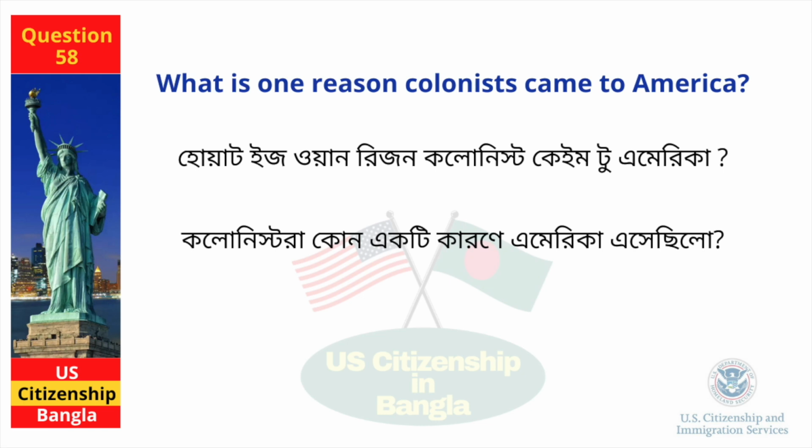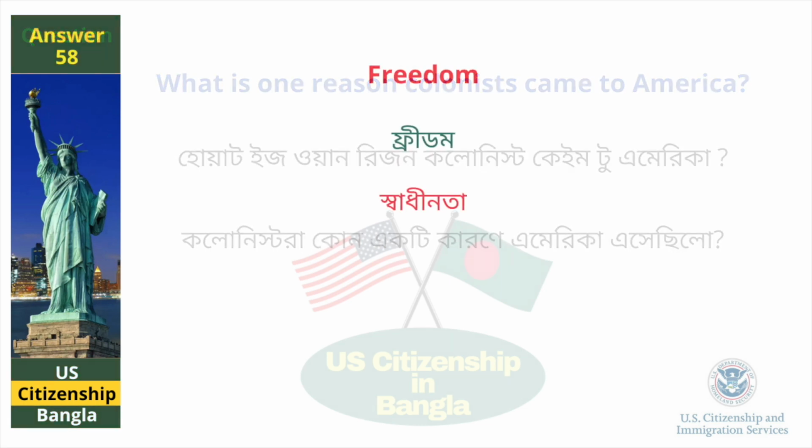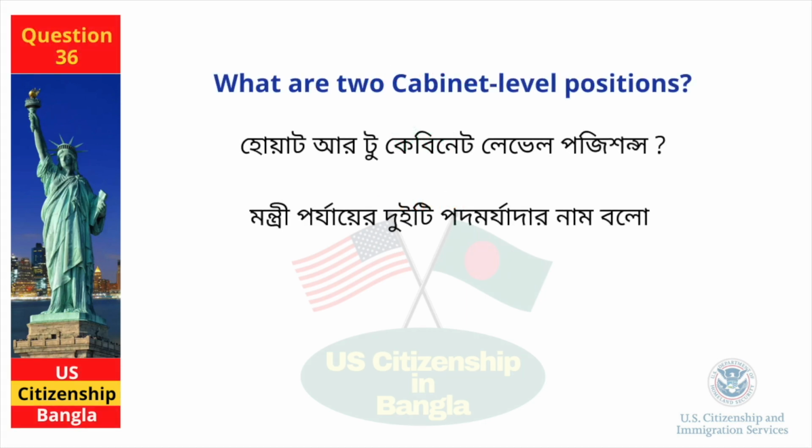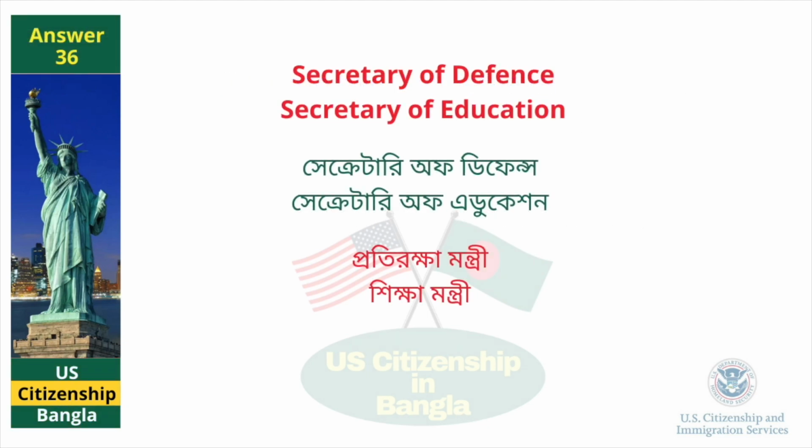What is one reason colonists came to America? Freedom. What are two cabinet level positions? Secretary of Defense, Secretary of Education.